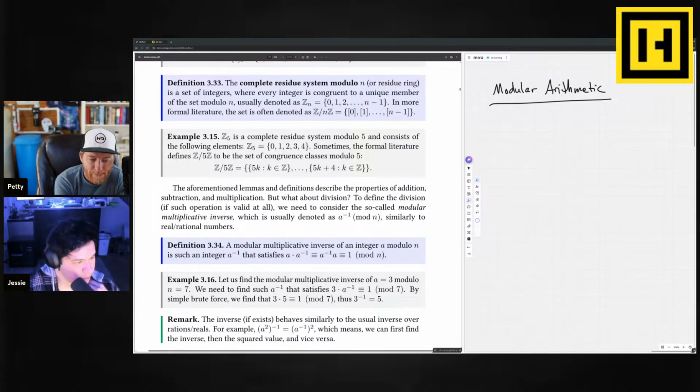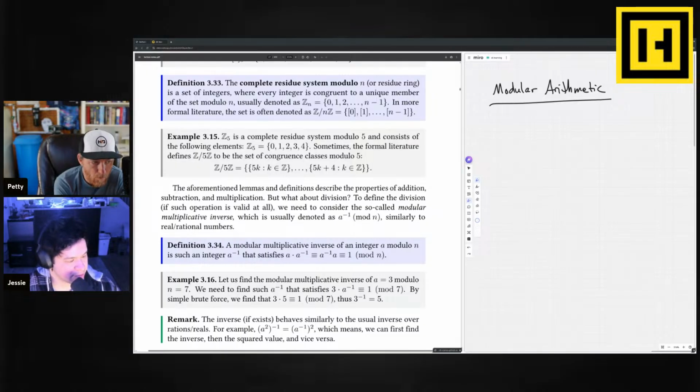Example 3.15. Z sub 5 is a complete residue system modulo 5 and consists of the following elements: Z sub 5 equals the set 0, 1, 2, 3, 4. Sometimes the formal literature defines Z divided by 5Z to be the set of congruence classes modulo 5. Okay.